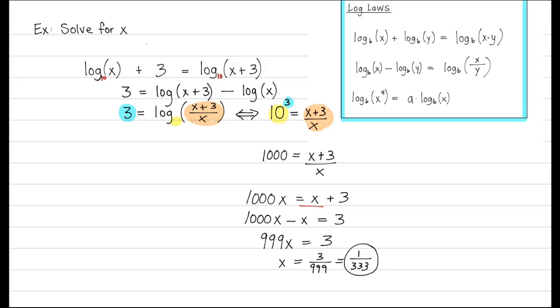Well, we can't take the log of a negative number, right? But if I take this 1 over 333 and plug it in here for x, that's a positive number, so no problems there, right? And if we add 3 to that, that still gives us a positive number here. So this is an okay solution because we can plug it back into that original equation and it works.